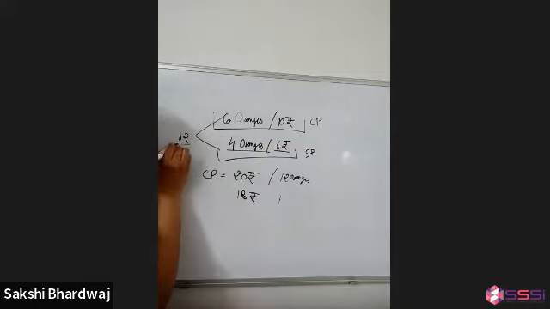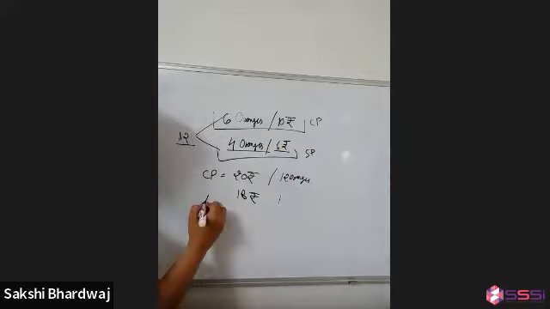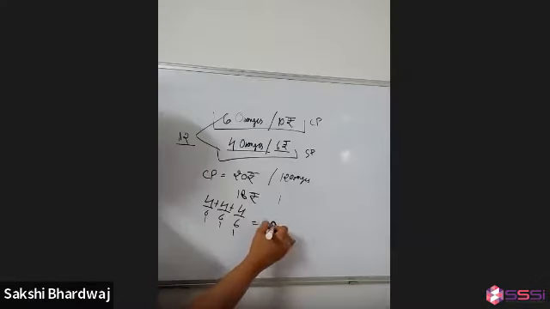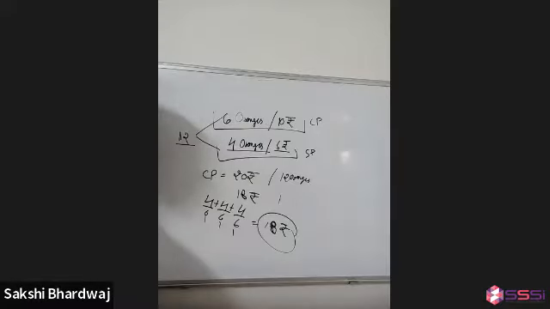How many oranges is he selling? 12. 4 plus 4 plus 4, 6 rupees, 6 rupees, 6 rupees. So 18 rupees. The selling price is 18 rupees.